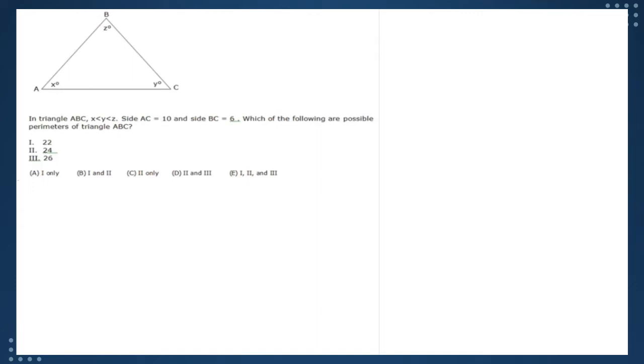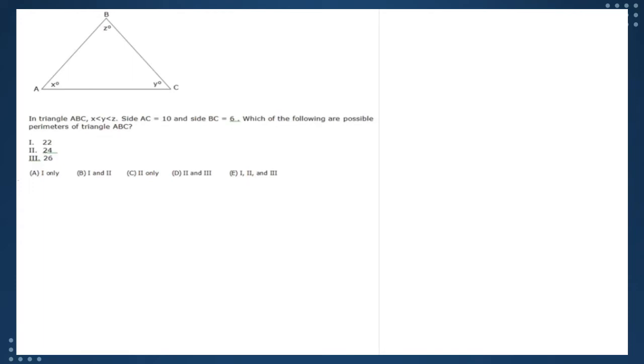So that was roughly 2 minutes there. This is a great question because one of the things with triangles is that the angles of a particular triangle correspond to a particular side of a triangle.